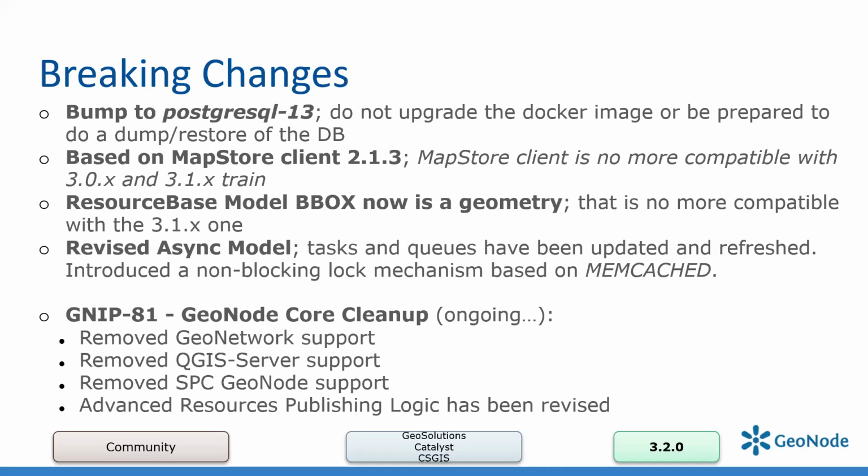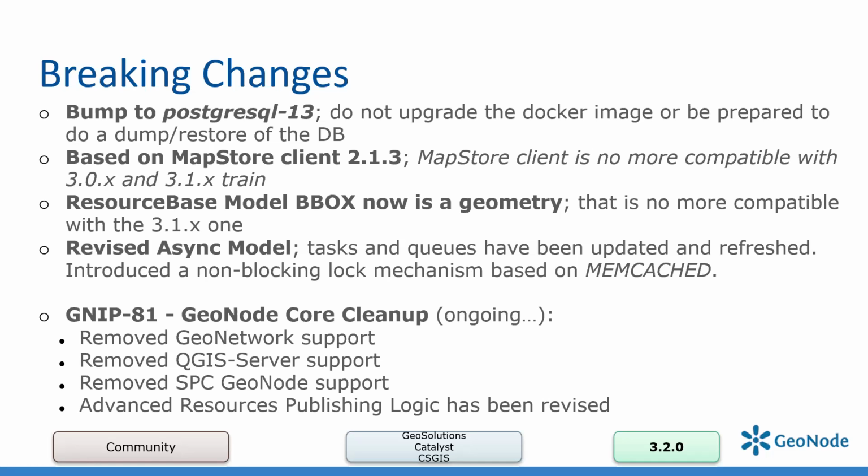So this could also be a breaking change because if you have an old version of Rabbit, you might need to drop the existing queues and allow GeoNode to create the new ones automatically.